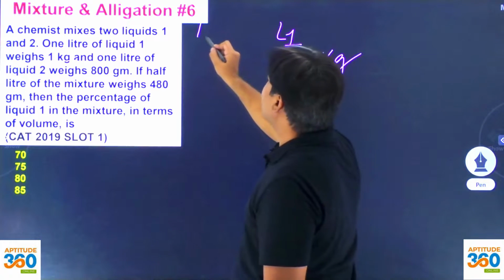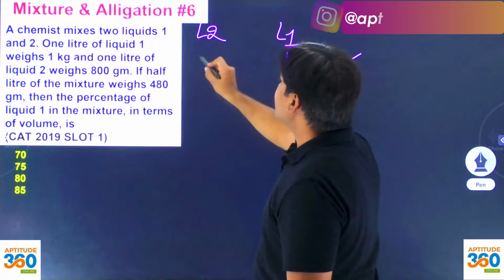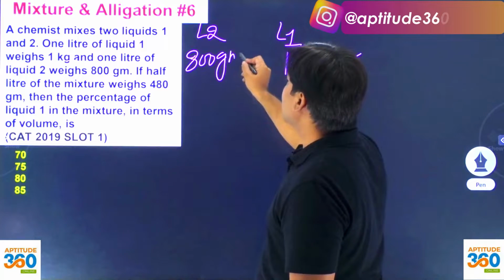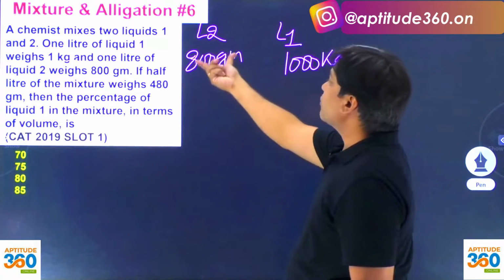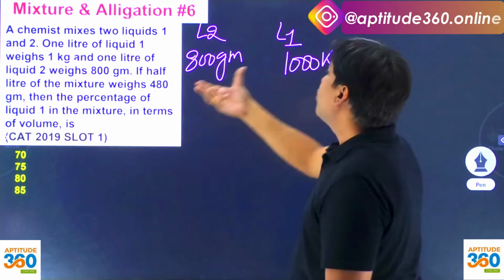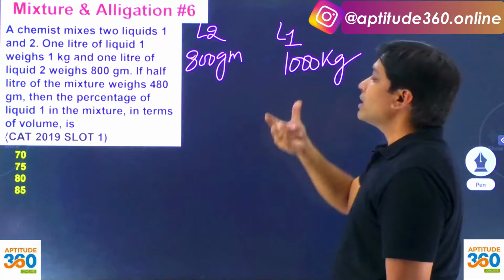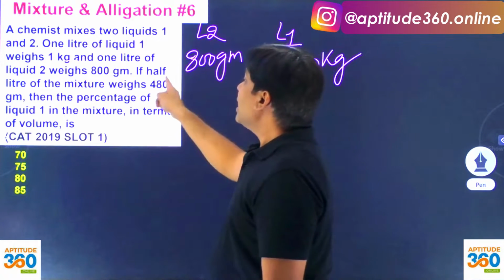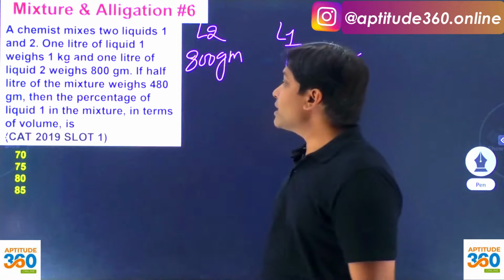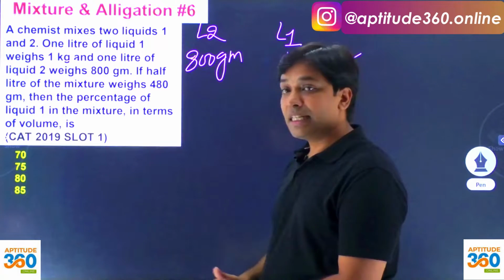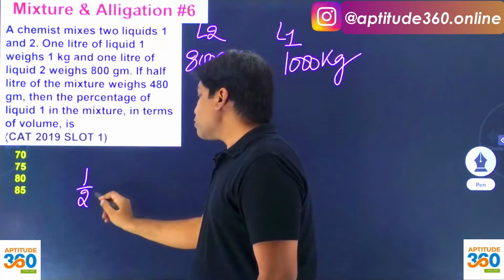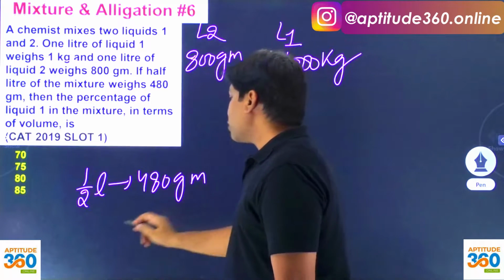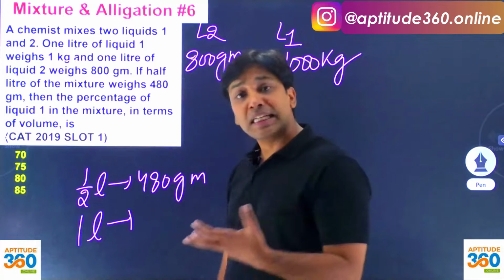And then you have got liquid 2, and this is going to be 800 gram. Does this make sense to you? So 1 liter of liquid 2 is weighing 800 gram, whereas 1 liter of liquid 1 is weighing 1000 gram. अब आपसे क्या पूछा गया, if half liter of the mixture is going to be weighing 480 gram, what is going to be the weight of 1 liter of the mixture?